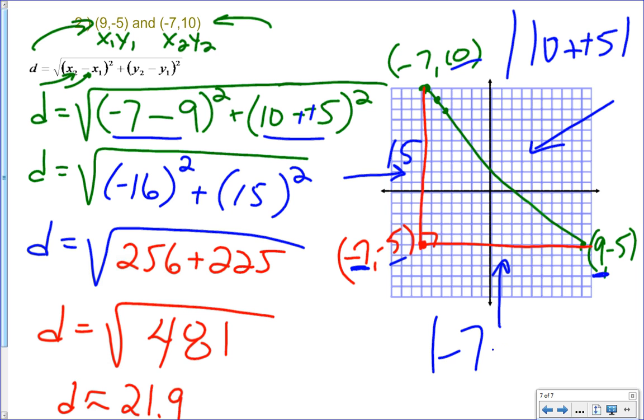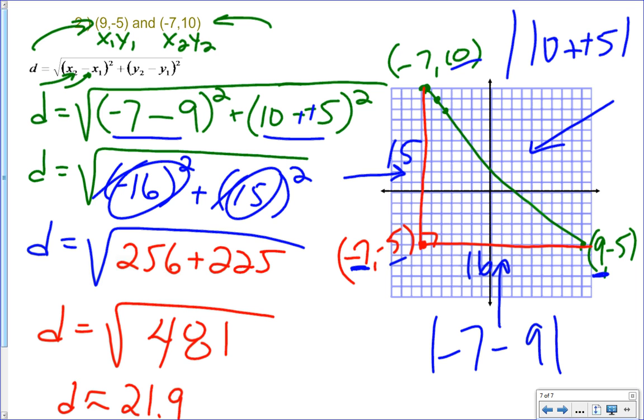Negative 7 minus 9. So this is? Do we see the numbers 15 and 16 anywhere in that other work? That one happens to be negative because maybe they just went the other direction. And technically, if you're going down, you would have called that negative 15 as a displacement.